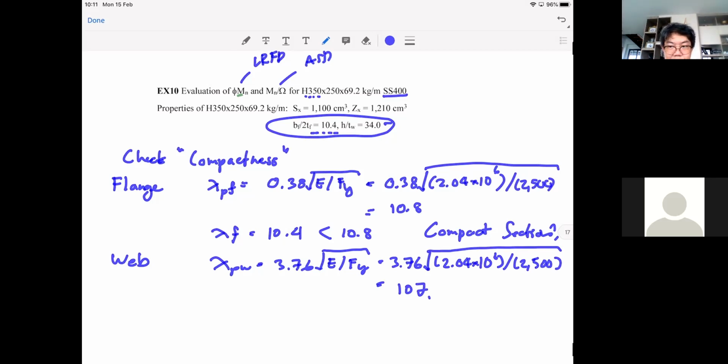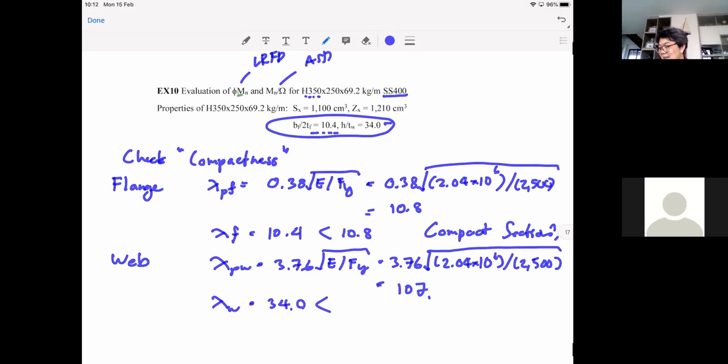See, the lambda P of the web is pretty high. Do you know why? It's because your web has both tensile and compressive stress. So it is very, very difficult to buckle. That's why the limit is so high. So that is why we always have the compact web, because it is very difficult to buckle due to the fact that two kinds of stress exist at the same time. So lambda is 34.